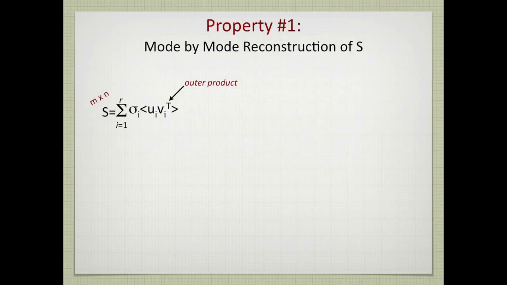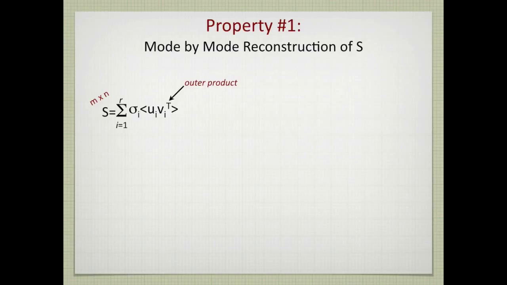What we show here is that the matrix S is a summation of R matrices. Each one of those matrices is the corresponding singular value times the outer product of the left and the right-hand singular vector.